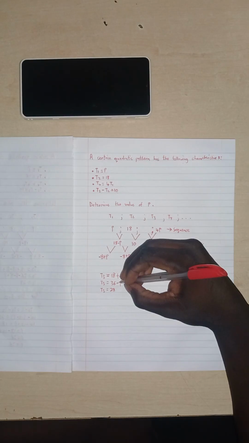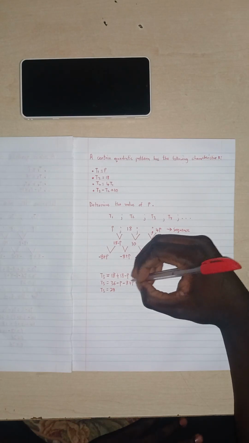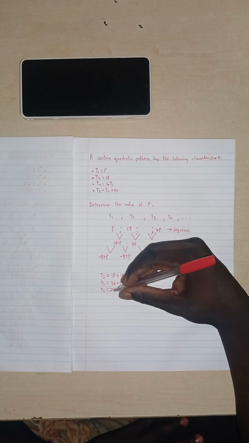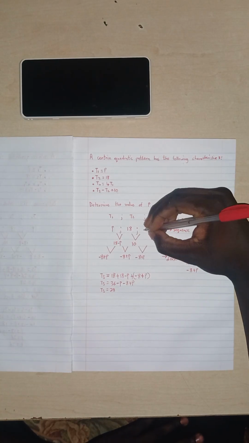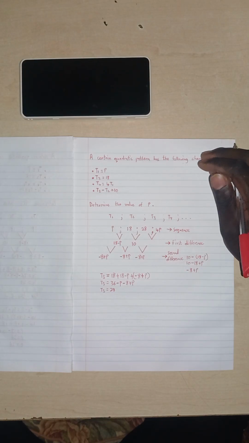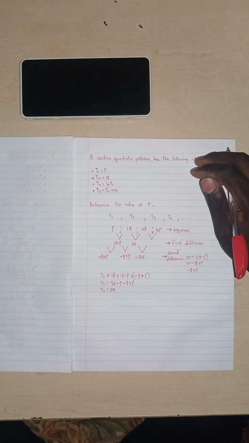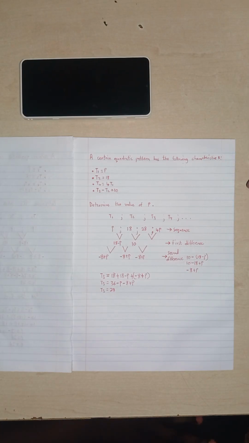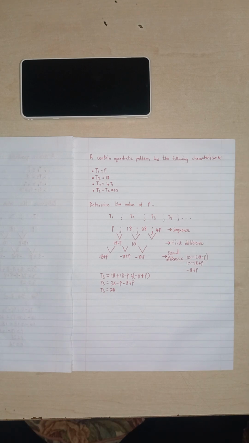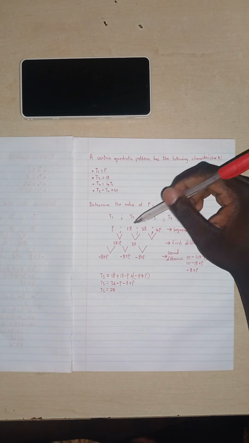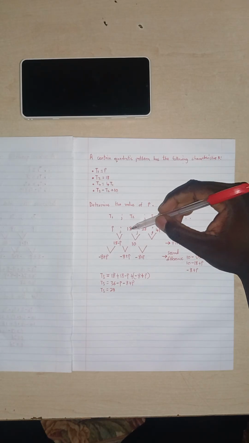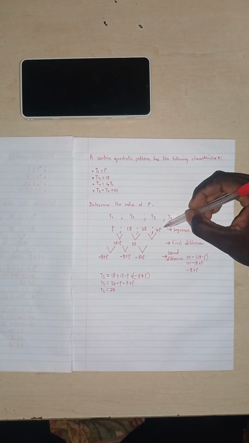Then negative p plus p, they cancel, so we are left with 28, meaning term number 3 is 28. So we now know that term number 3 is 28, meaning we can fill it in there. So we now know our sequence goes like p, 18, 28, then 4p.